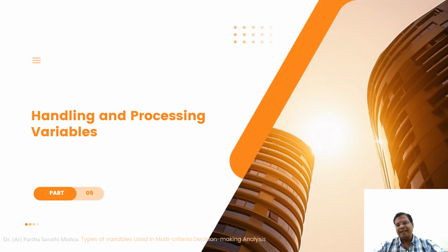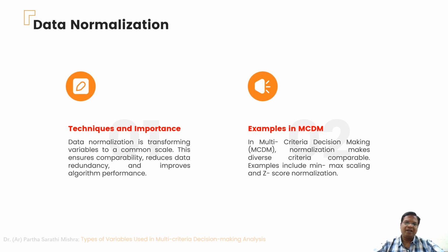Next is handling and processing variables. How to handle and how to process the variables. Data normalization, techniques and importance. Data normalization is transforming variables to a common scale, as I discussed. Suppose one variable's unit is in terms of money, some variable's unit is in terms of horsepower, and some variable's unit is in terms of kilometers per hour.